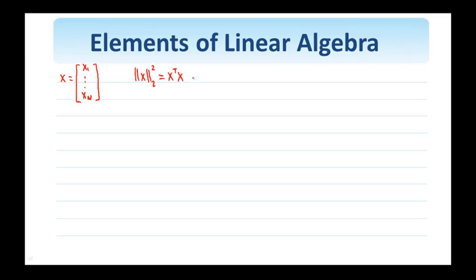It's a scalar, and this is equal to the sum of x_i squared. So applying this to a term like this, the definition of the norm, that is, this is (y minus Hx) transpose (y minus Hx), and if I carry out all the cross multiplications, this is equal to this.